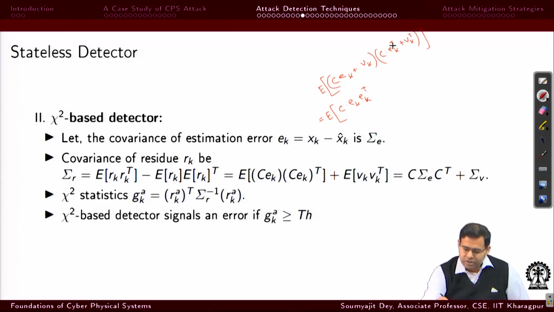So, here you have R_k transpose, that means this is a transpose over this, that would mean E_k transpose times C transpose.